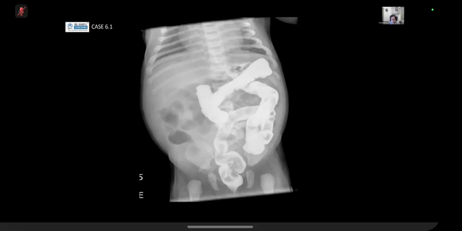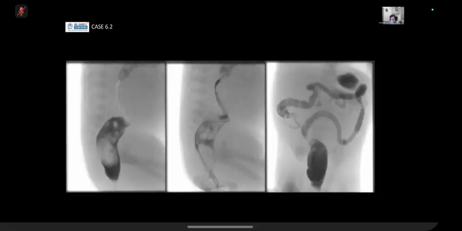Yeah, good. Okay, so next one. Okay, so this is again a lower GI contrast study, and I think there is a change in caliber of the large bowel, and the descending colon looks much smaller in caliber compared to the rectum, which appears quite distended.